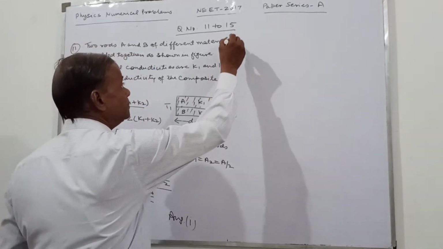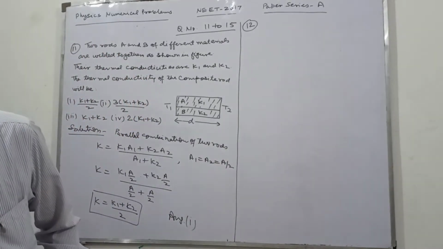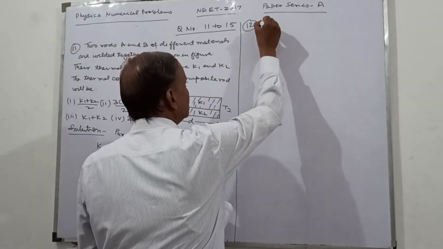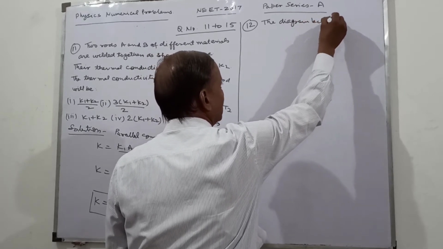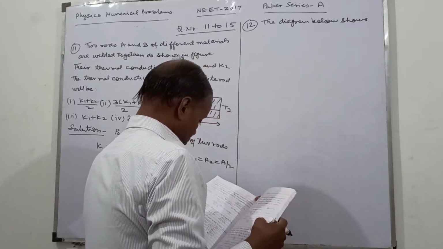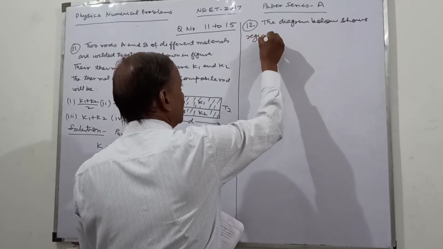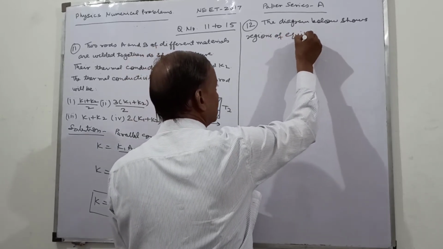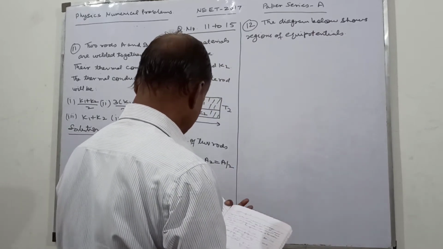Now question number 12. The diagram below shows regions of equipotentials, and this is given in the figure.